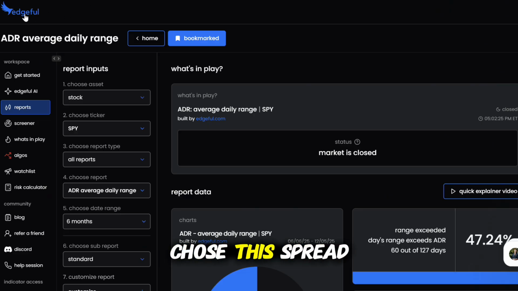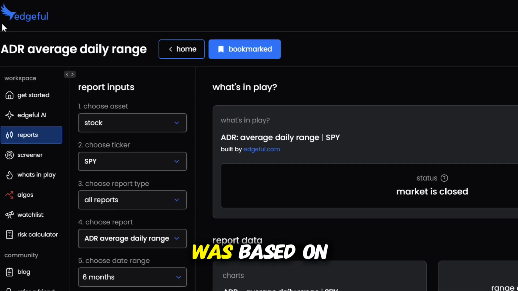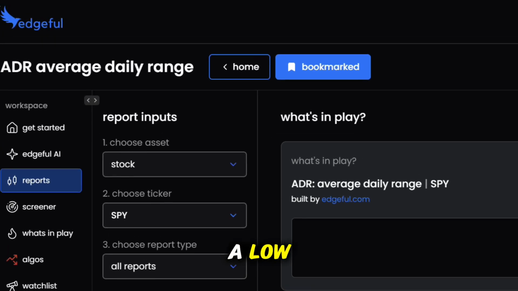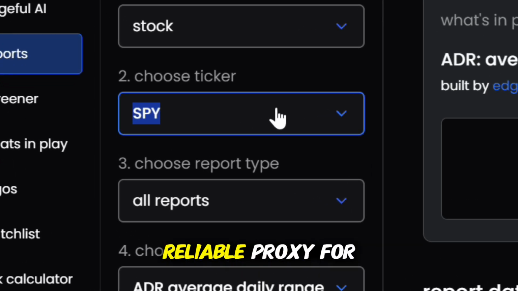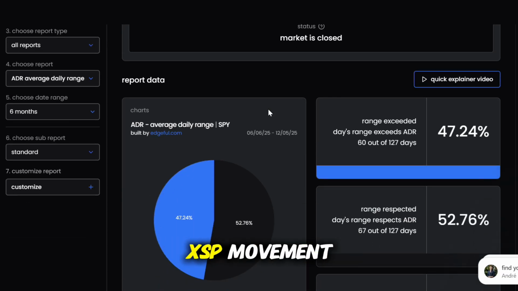The reason I chose this spread on that particular day was based on my expectation of a low daily trading range, supported by Edgeful's data-driven market analytics. The report I relied on was the Average Daily Range, ADR, study for the SPY, which is a reliable proxy for XSP movement.